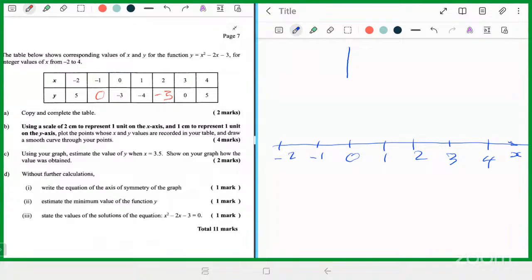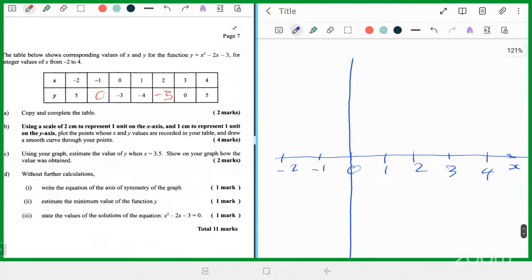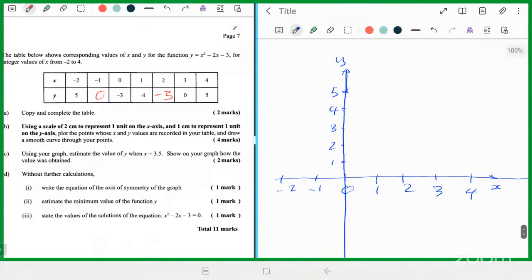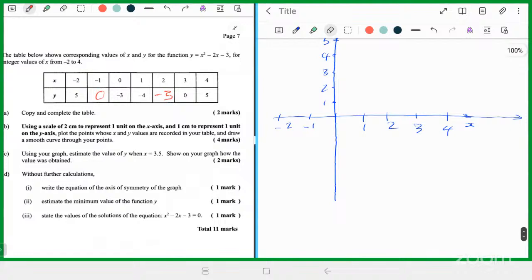Now we're going up to 5: 1, 2, 3, 4, 5. And then going down to -4: -1, -2, -3, -4.